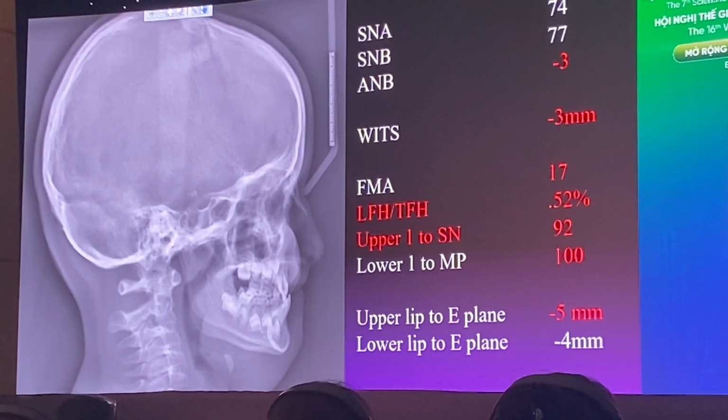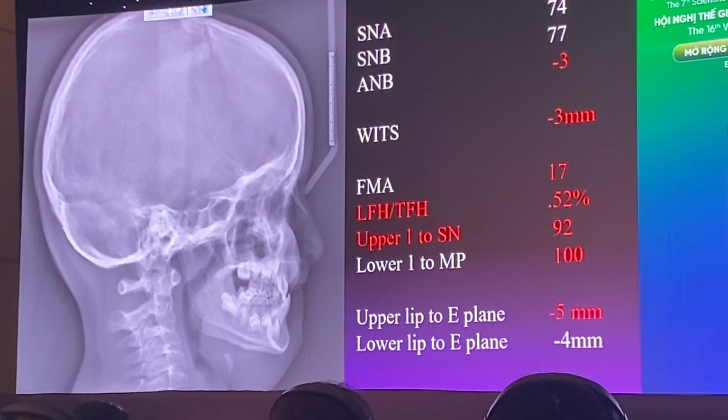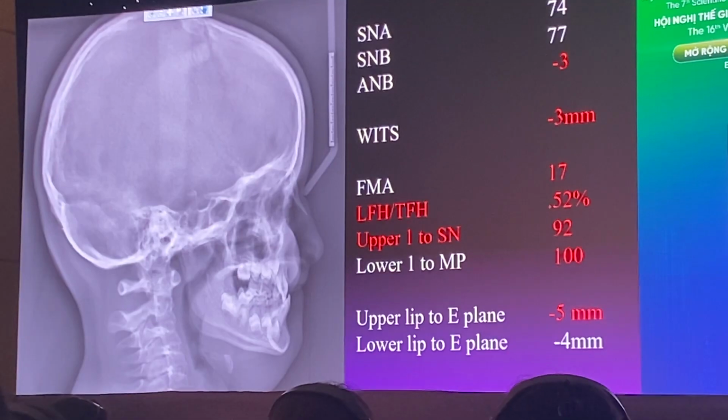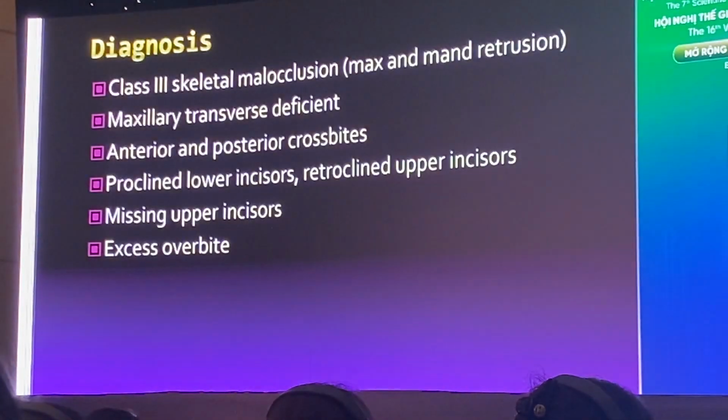Okay, so I have to show you some numbers just to convince you that this is not a dental class 3, okay? This is sort of like a skeletal class 3 because of the width, because of the A and B, all right? So now, here are the problems.